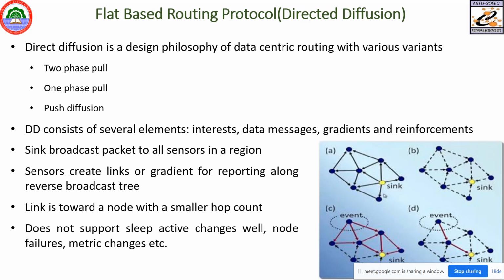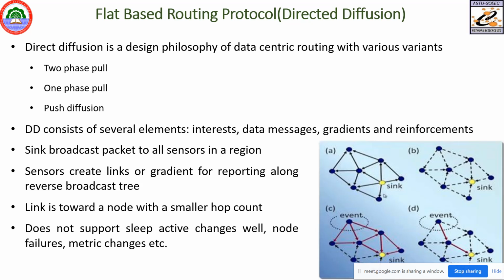The sensor nodes that receive the request message create links, and the nodes creating the links are called gradients. Once any request is passed from the sink node, the gradient nodes immediately attempt to create the reverse path along with the forward path. This process continues until we reach the destination.